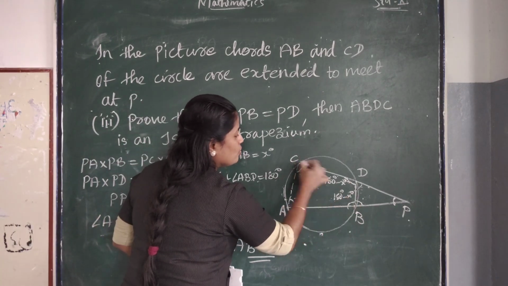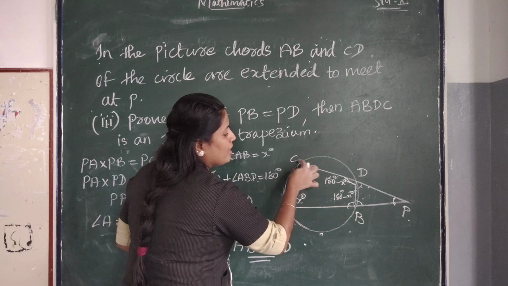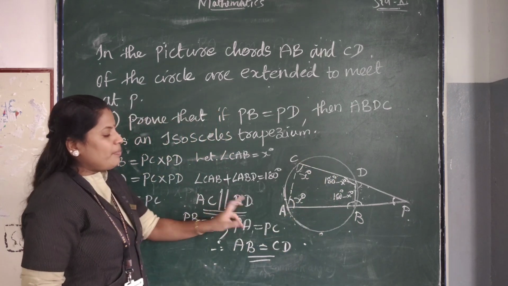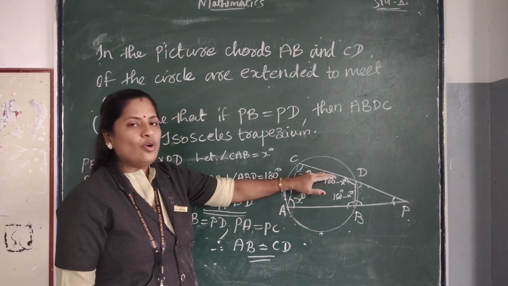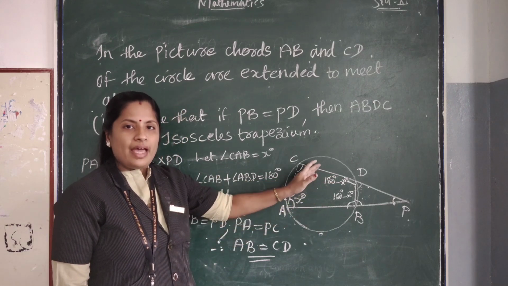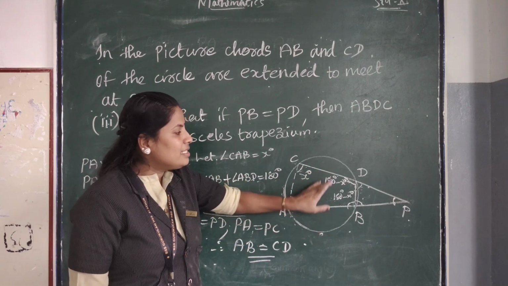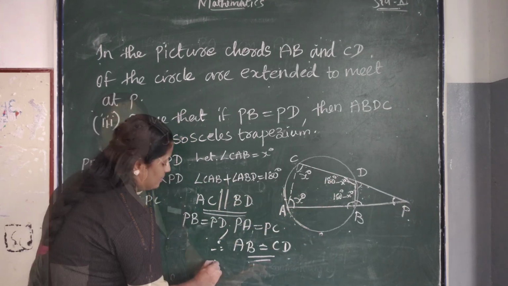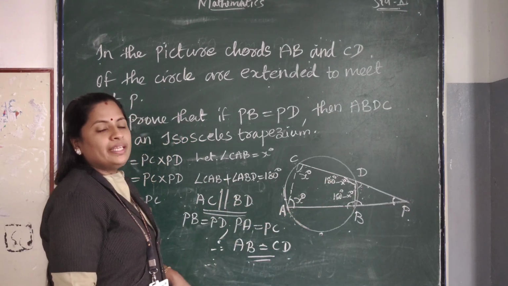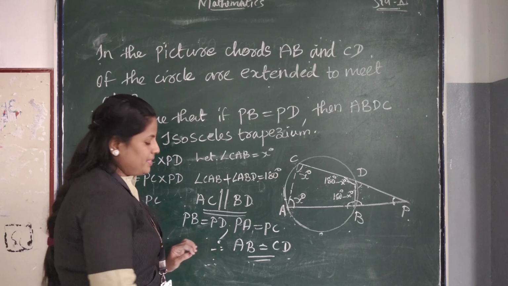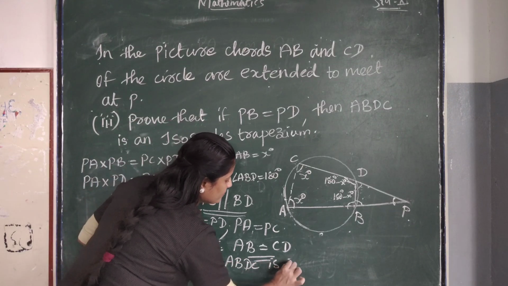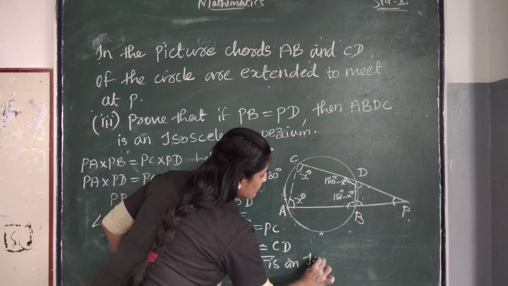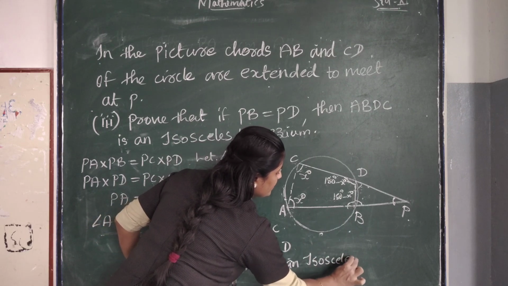That means one pair of opposite sides are parallel and the non-parallel sides are equal. Therefore, ABDC is an isosceles trapezium.